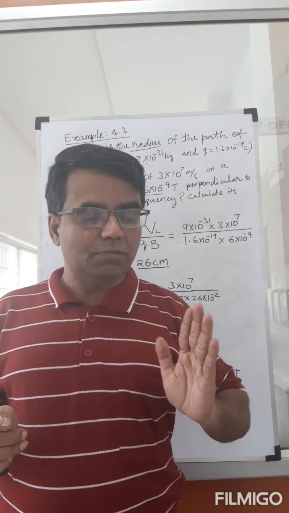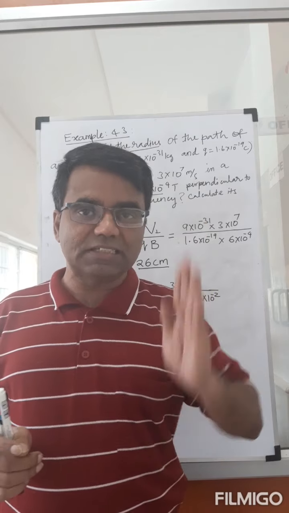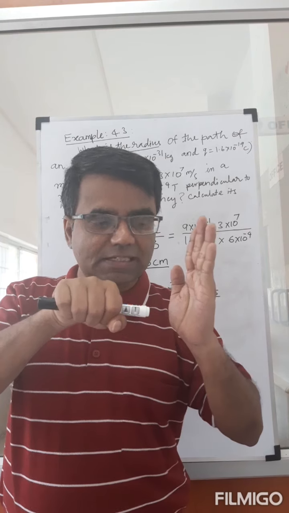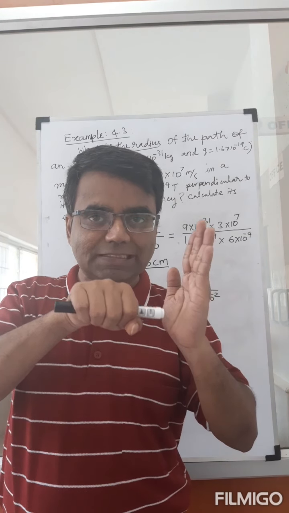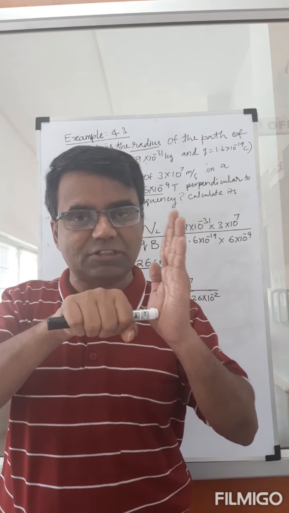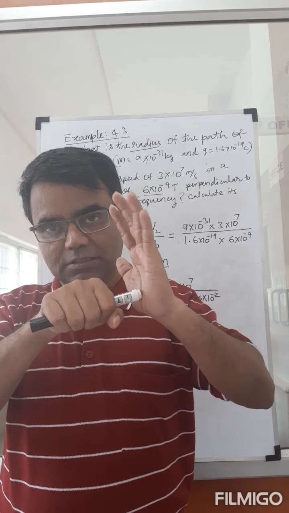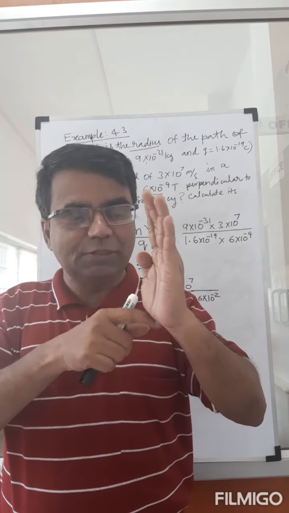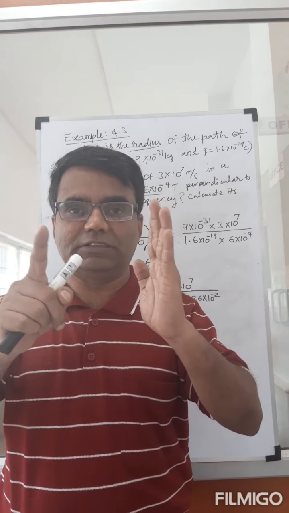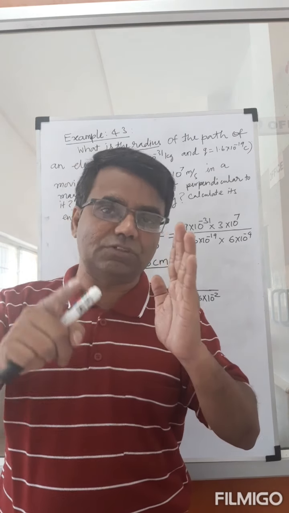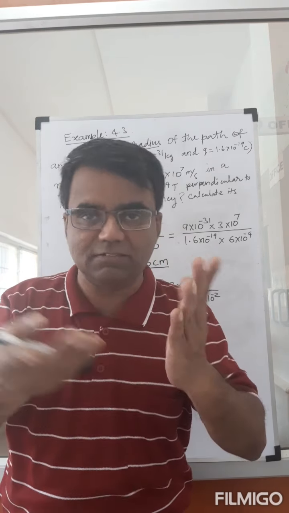Why? Because the body is moving in this direction and the force is acting perpendicular to it. In this case, what it will do is that it will only change the direction of the velocity. It won't increase the velocity. So if it doesn't increase the velocity, then it can't increase the speed, clearly.